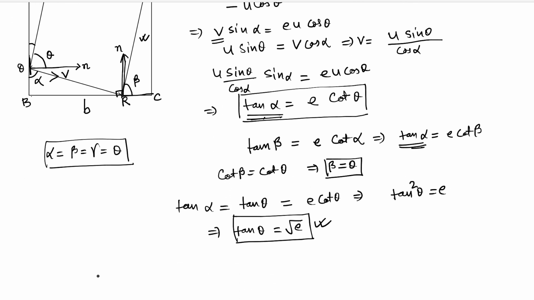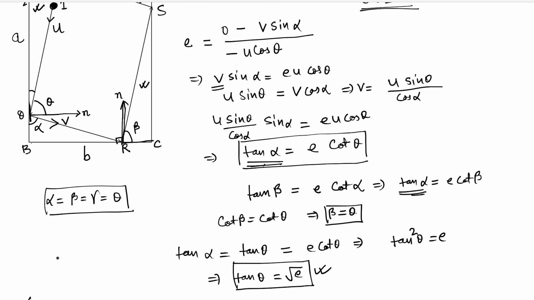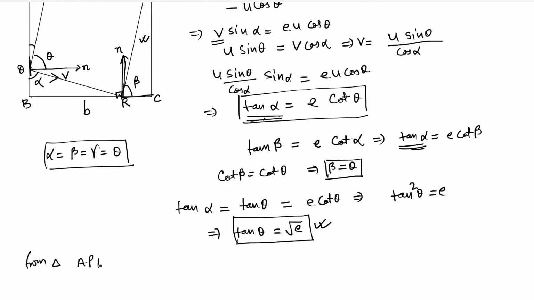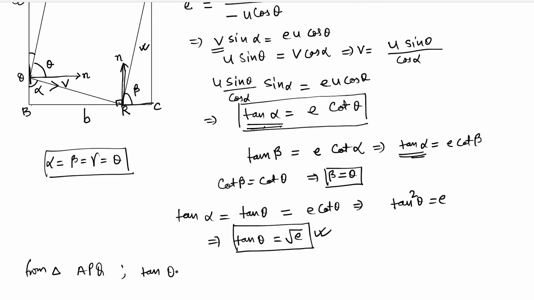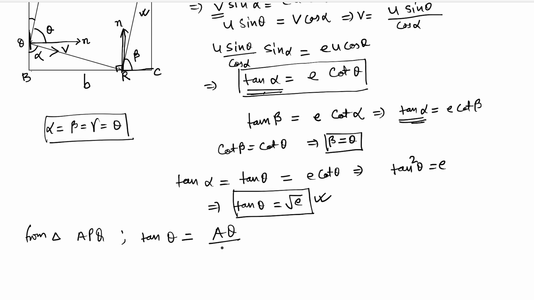Okay, so from triangle APQ, tan theta is AQ divided by x. So that means AQ is x tan theta.